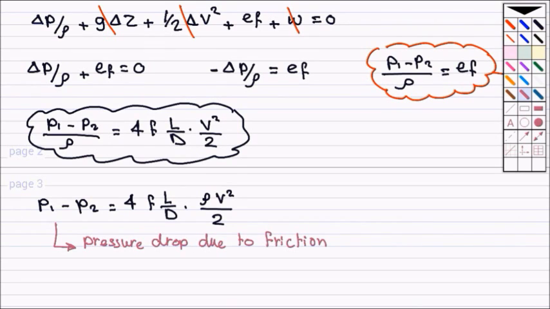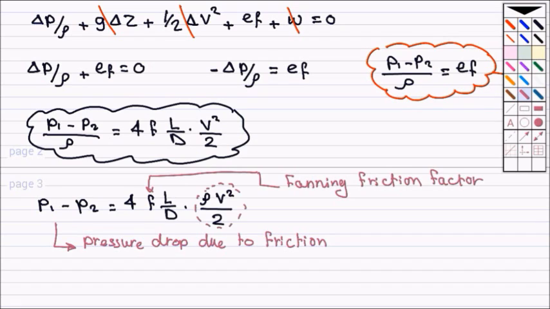Okay, and F here is called the Fanning friction factor. Also, we have rho V squared by 2 as the dynamic pressure.